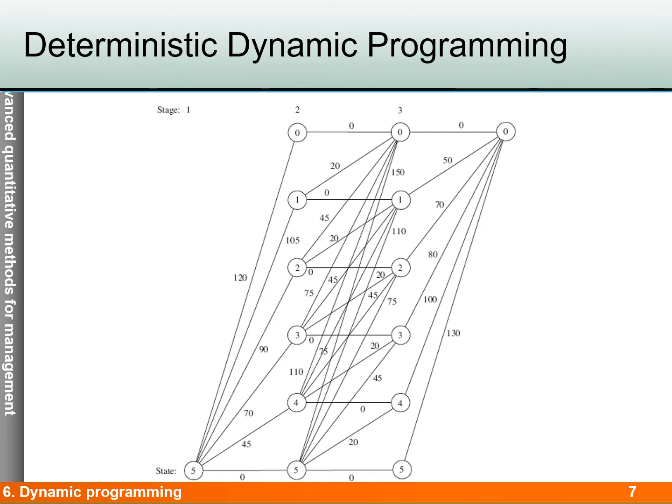And one other important item. Always when we are going to allocate something, for example here the medical teams, at stage 1, obviously what we have available in our hand is 5 medical teams.